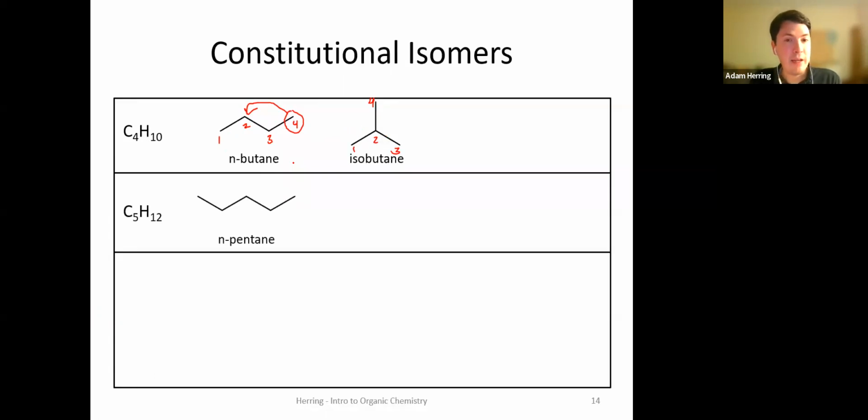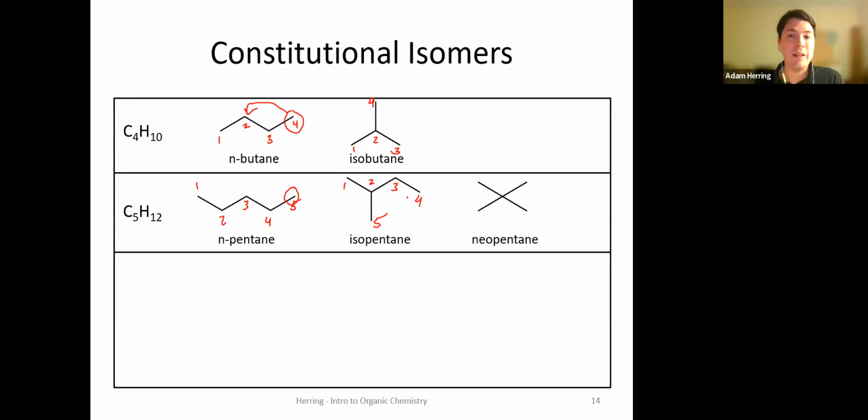For N-pentane, let's go ahead and number these: 1, 2, 3, 4, 5. If we now take carbon number 5, we can place it here. We get isopentane. We can get a different constitutional isomer here as well.